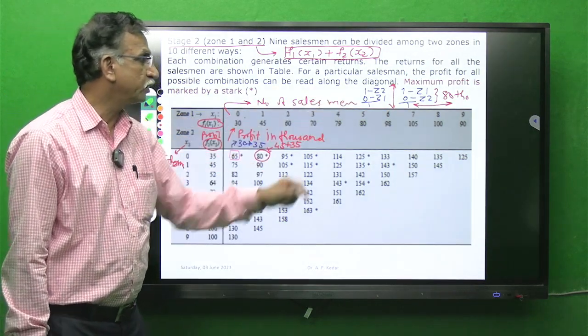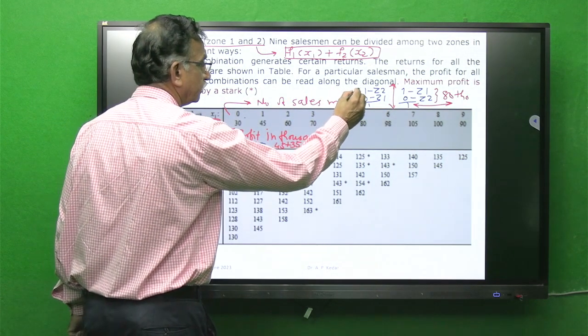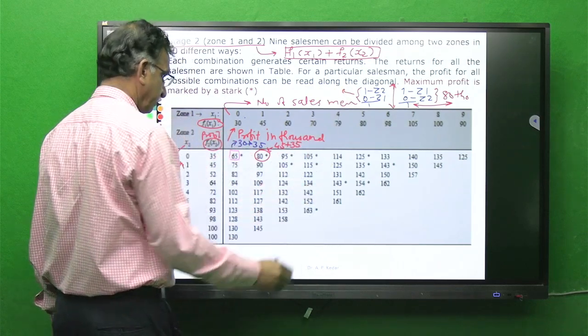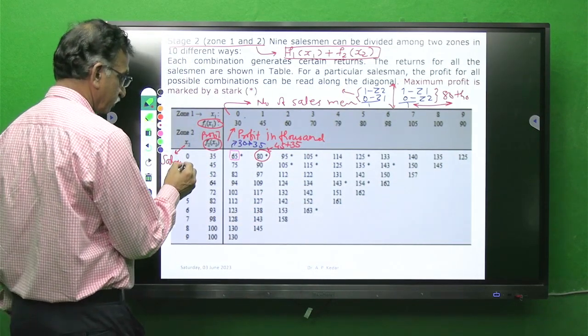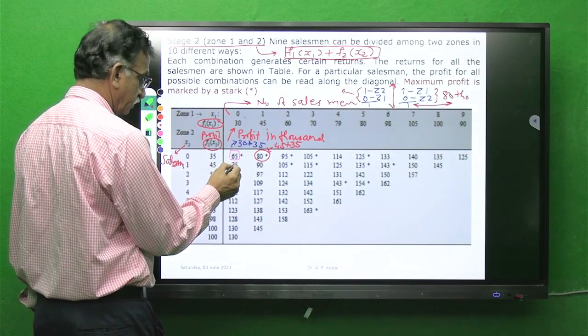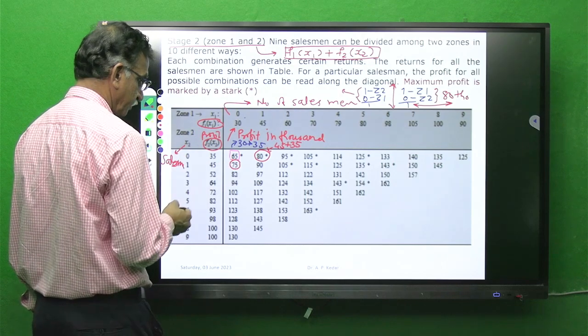Now for this combination, let's see what the value is. Suppose this is the combination, I get this value.